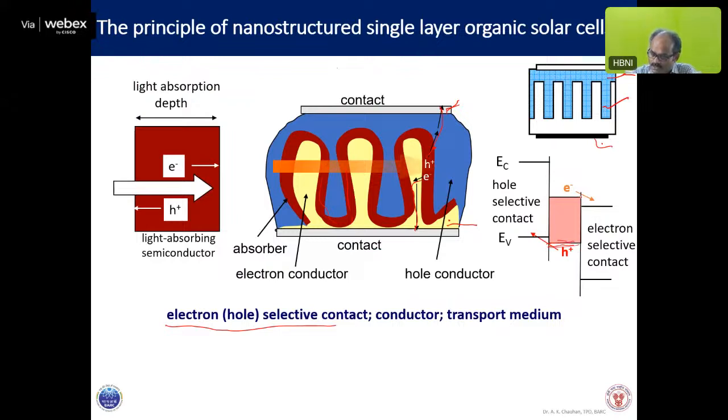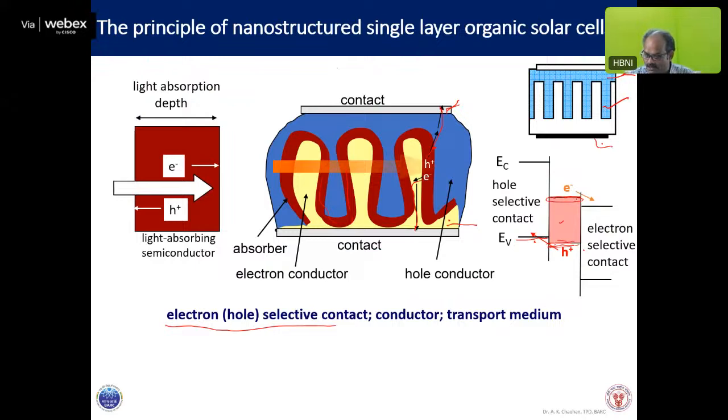Similarly, if you find a material which has an energy level very close to this level and place it here, we call that an electron transport layer or electron conducting layer. Now this hole, though it is inside the same material connected on both sides, will prefer to go to this side because the energy level of this hole selective material is very close to this layer.